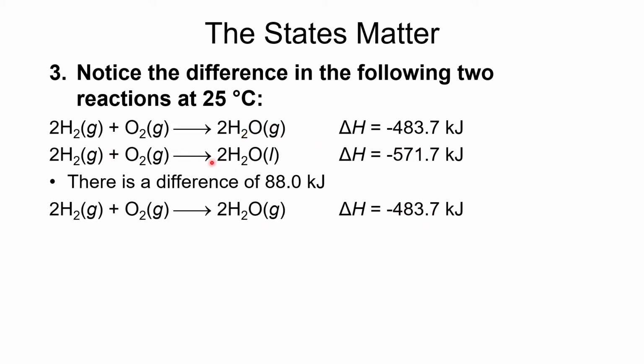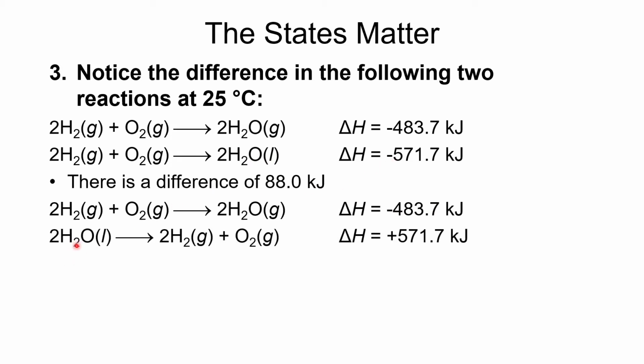But we're going to take the second equation here, and we're going to change the direction of the reaction. Remember, when we change the direction of the reaction, we need to change the sign as well. So here we have 2 H2O liquid will decompose to give us 2 moles of hydrogen gas and 1 mole of oxygen gas. All right, and of course we change the sign of delta H.